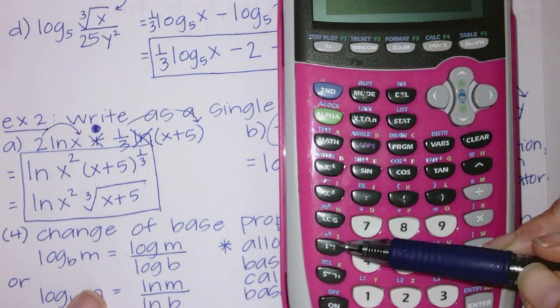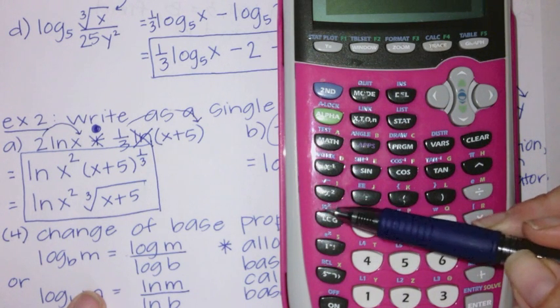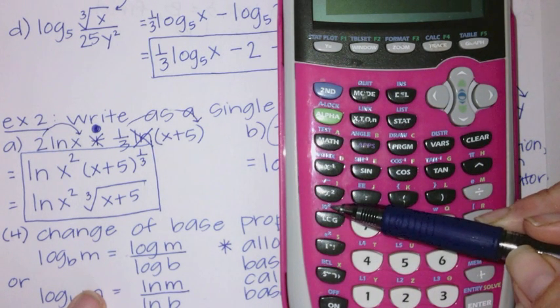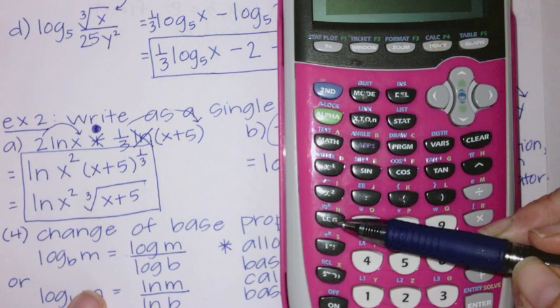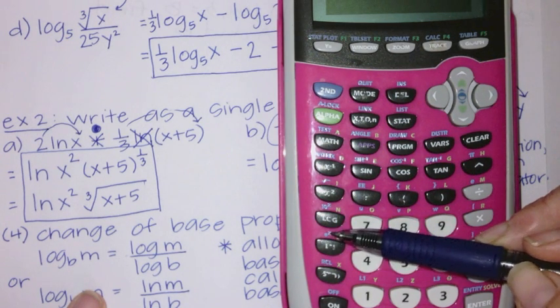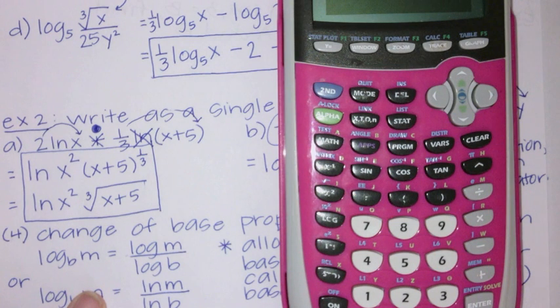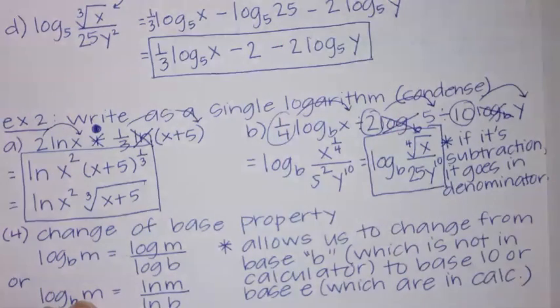The button's been worn off, but you can tell the property of inverses, because if you see the second key, the blue one right here, it says 10 to the x, which is the inverse of log base 10 of x, and this says e to the x, which is the inverse of ln of x. So the people who made the calculator were smart and knew what they were doing. Those are the two buttons in our calculator. There aren't buttons like log base 3 of 5 and things like that.